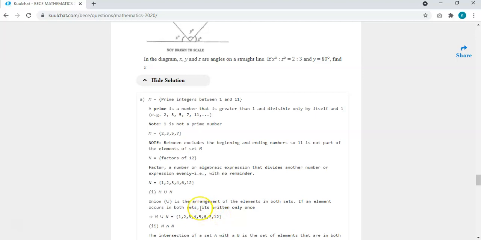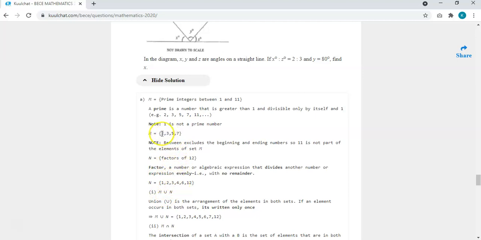Now, the intersection is the elements you see in one set that you also see at the same time in the other set. So you can find it here, and you can find it here. So for the intersection, you find the element which is here and at the same time here.